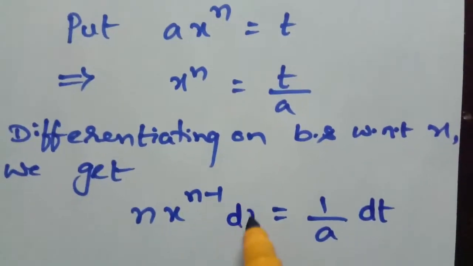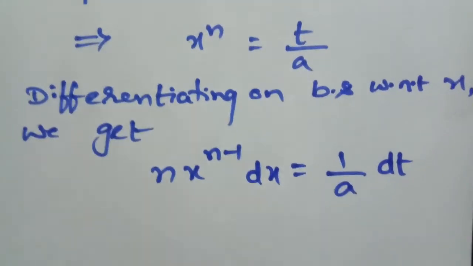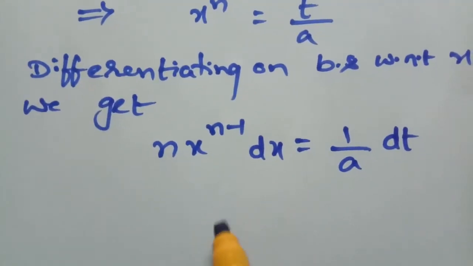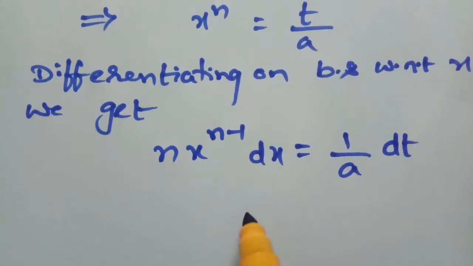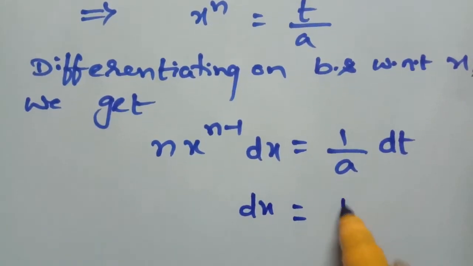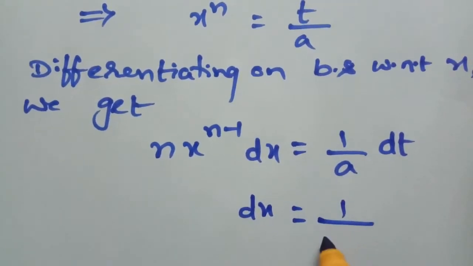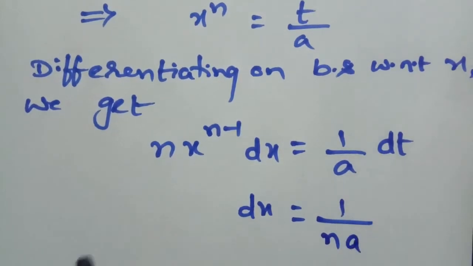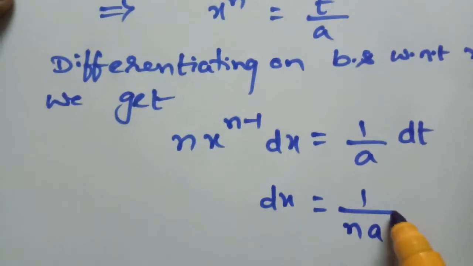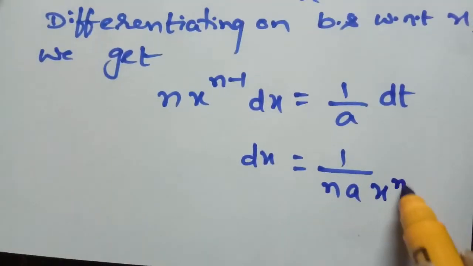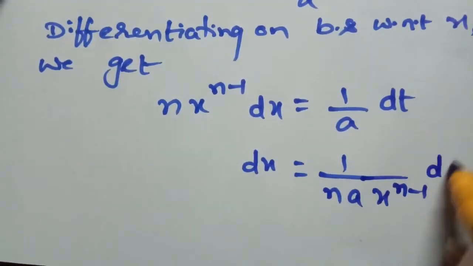By cross multiplication, dx is equal to 1 by n into a by x to the power of n minus 1 into dt.